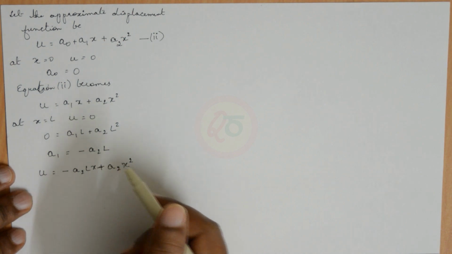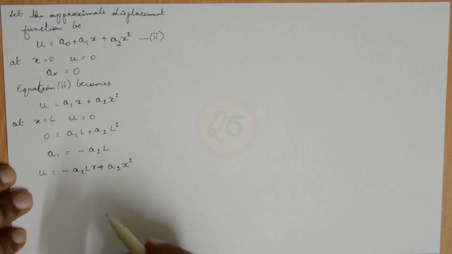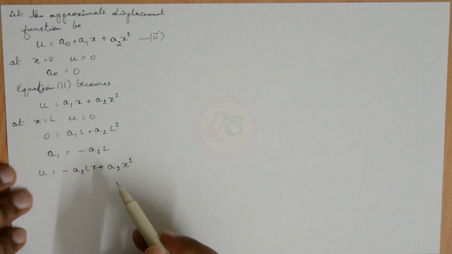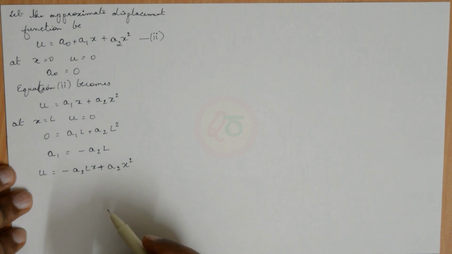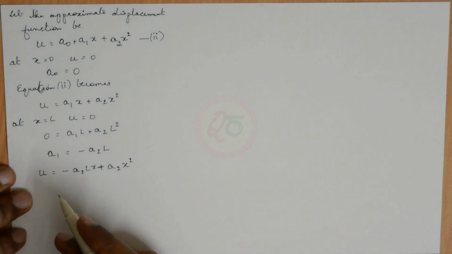Now we need to obtain two things from our approximation. The first is to substitute y max, where the load is acting, what is the displacement that we need to calculate, and the second is the second order differential of the assumed displacement function.